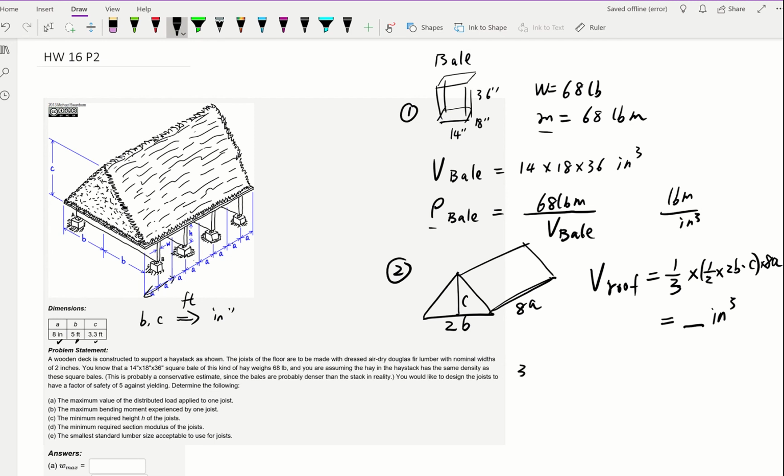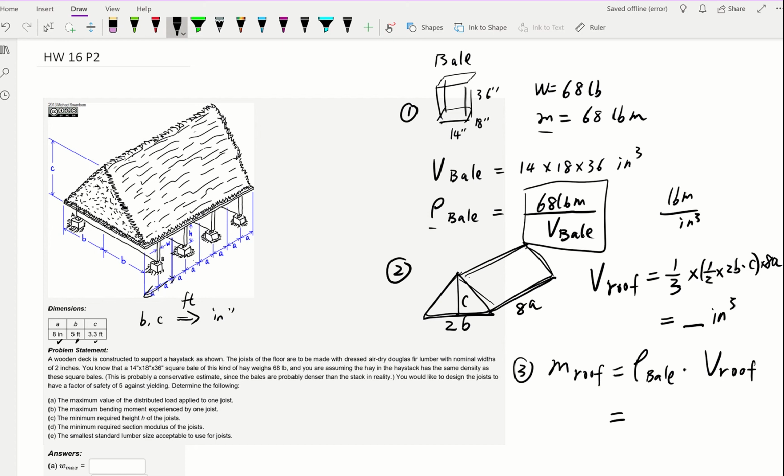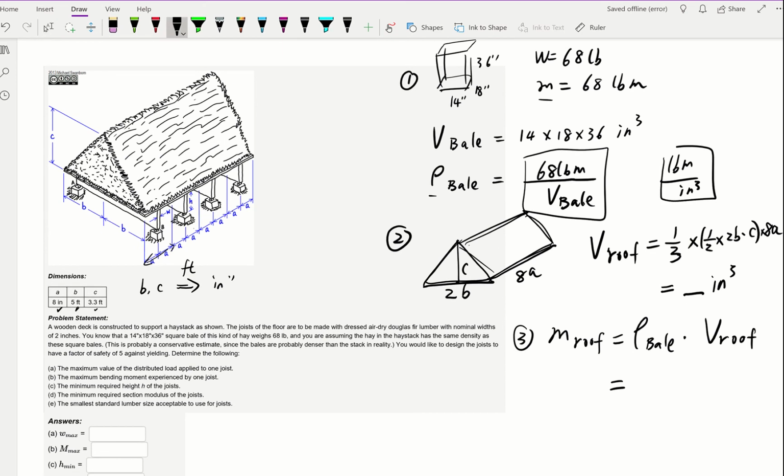Now the third step: if you know the entire volume of this haystack or roof, then using the density you calculated in the first step, you can figure out the mass of the roof. That's going to be the density of the bale, the same density as the roof, times the volume of the roof. And the unit should work out right, because the bale density is in pound mass per inch cubed, and the roof volume is in inches cubed, that's going to give the unit of pound mass right here.